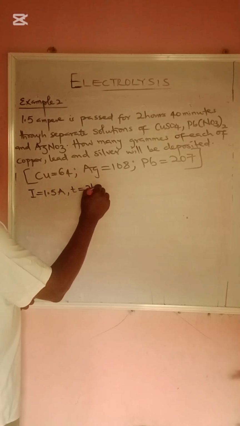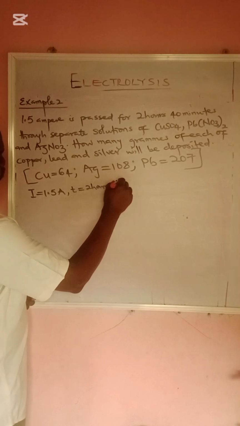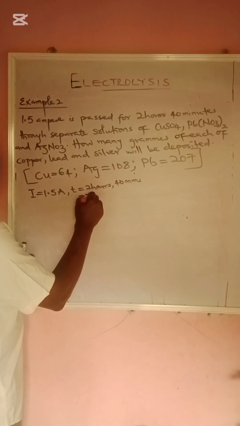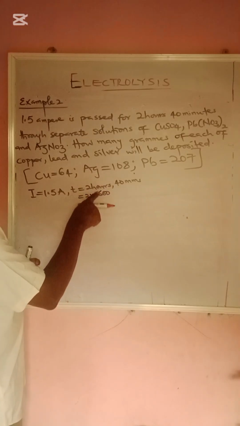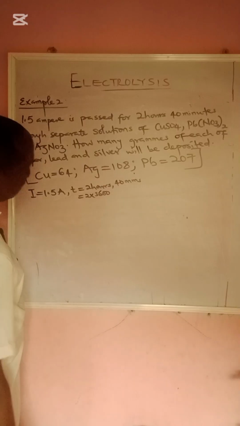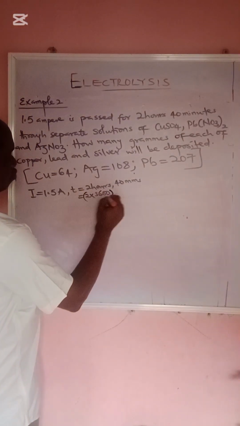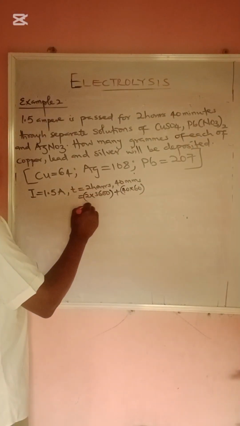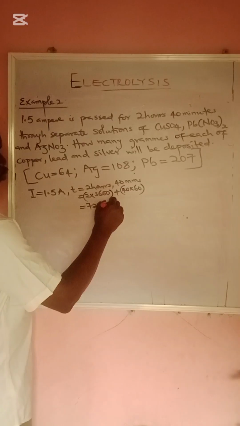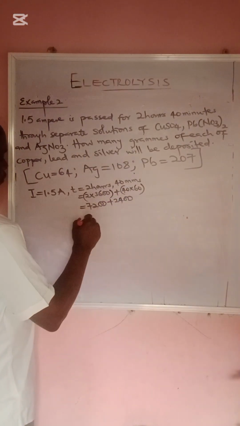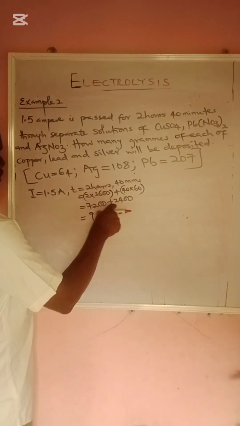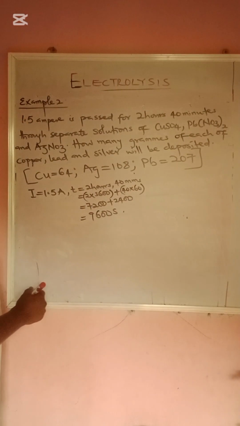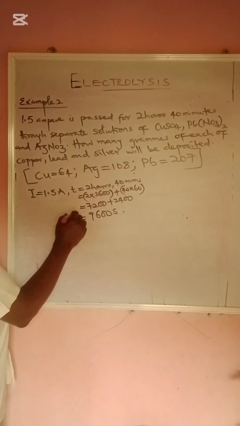Time is 2 hours 40 minutes, which is 2 times 3600, since 1 hour is equal to 3600 seconds, plus 40 times 60, also in seconds. I'll add the two together: 7200 plus 2400, so this one will be 9600 seconds. That is our T.